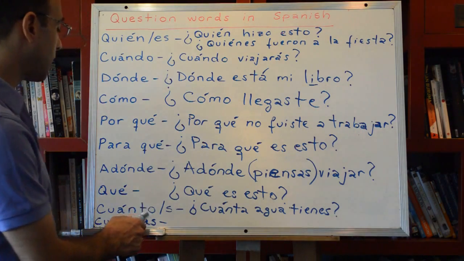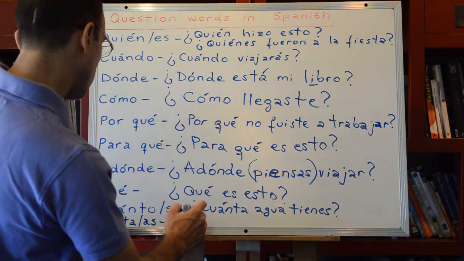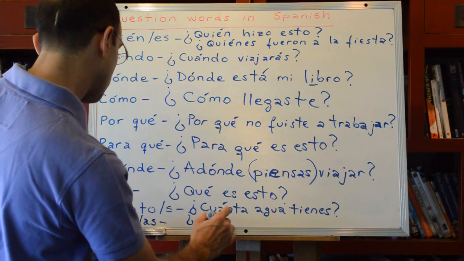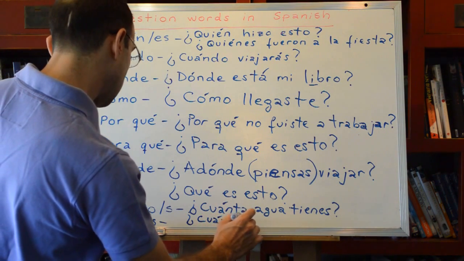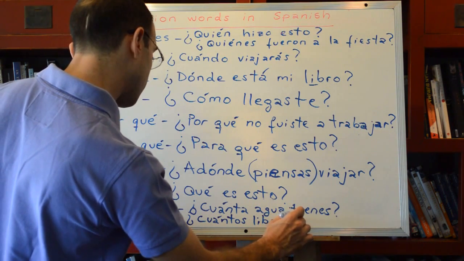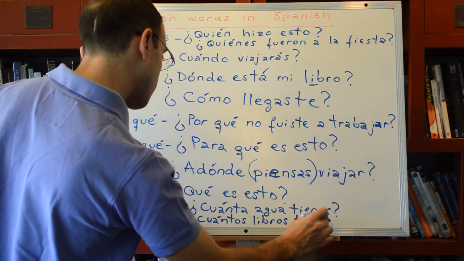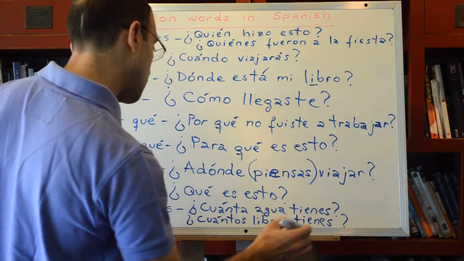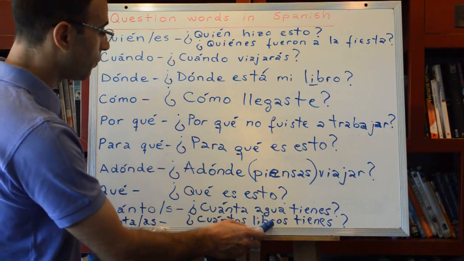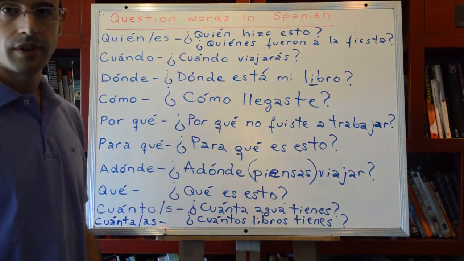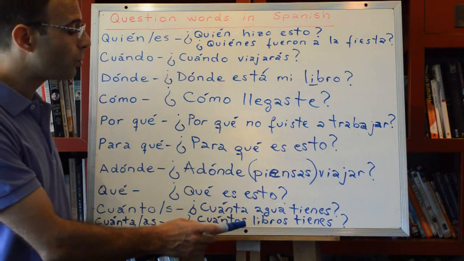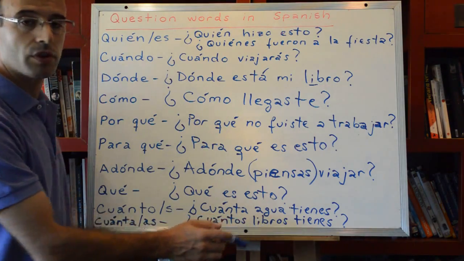Now let's use countable, right? ¿Cuántos libros tienes? How many books do you have? You see here we are not using cuánto or cuánta, we are using cuántos with S, because books we can count.